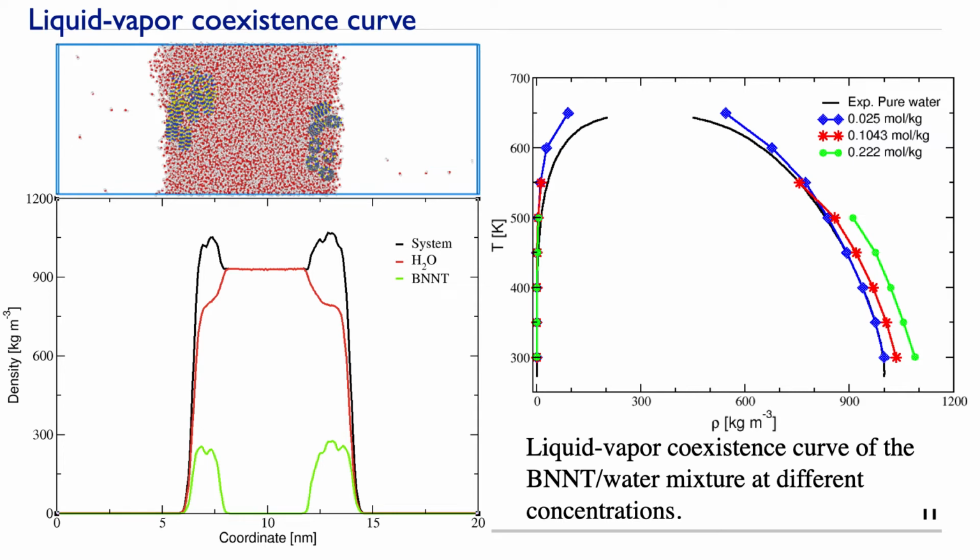But at a temperature of 550 Kelvin, the values are very similar to pure water, since the nanotubes favor this displacement of water molecules to the vapor region. A similar behavior is observed at the highest concentration, only that at temperatures above 500 Kelvin, the phase distinction is not very clear.